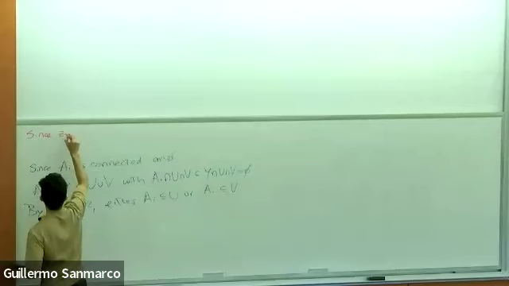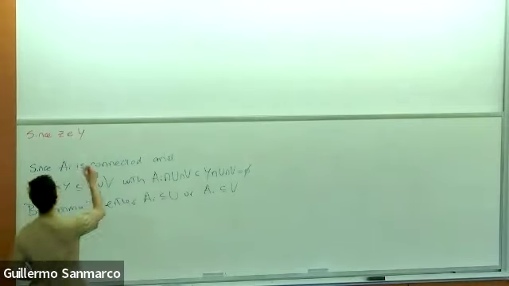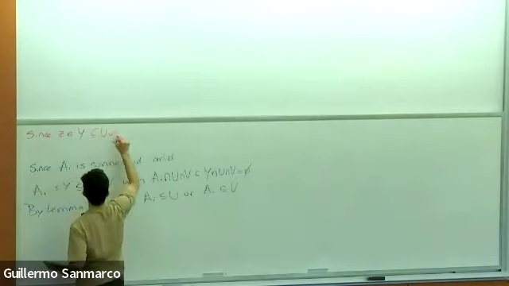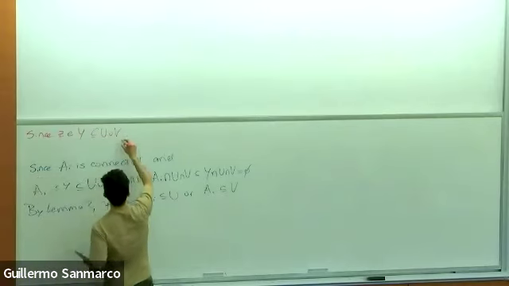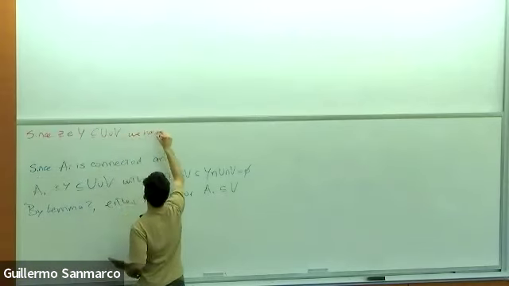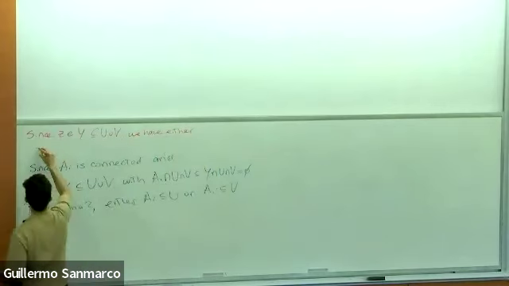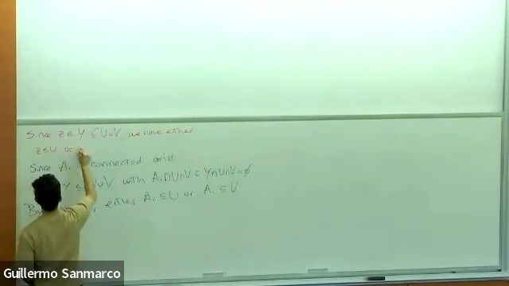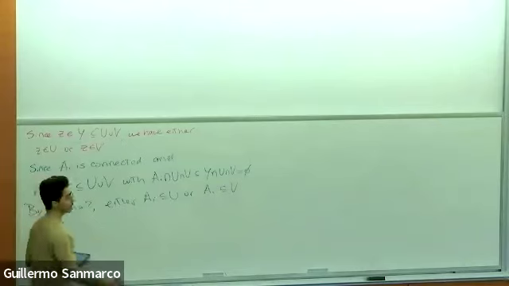Since our point lives in Y, because it lives in the intersection, which is smaller than the union, which is inside of U union V, we have either C in U or C in V. But not both, because otherwise Y intersect U intersect V would be non-empty.